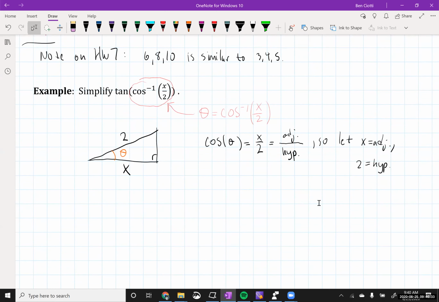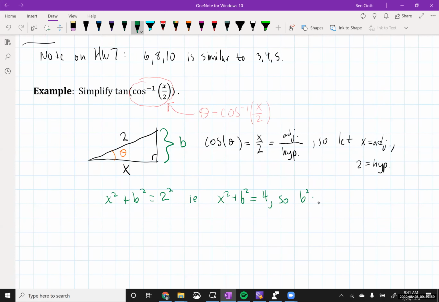That's what I was saying. So let's do the Pythagorean theorem on this triangle. Now we would like to figure out what this side is. Whatever it is, maybe I'll just call it b for the moment. So x squared plus b squared is equal to 2 squared, i.e. x squared plus b squared is equal to 4.